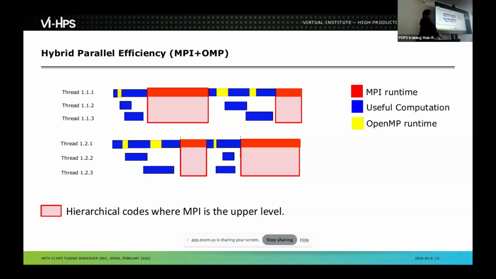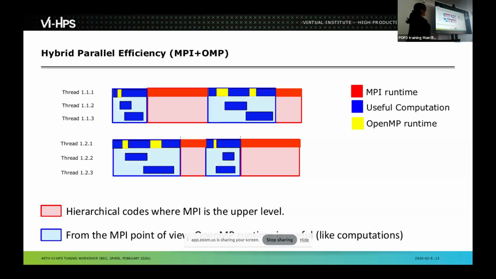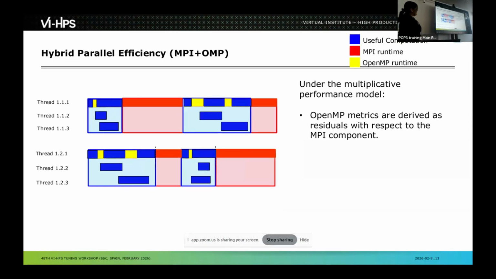So from the point of view of MPI, all that is not MPI is computing. That part is computation for us, even when it is related to the OpenMP runtime. This is the way that we compute our model.